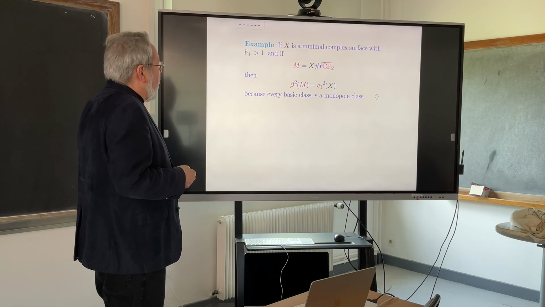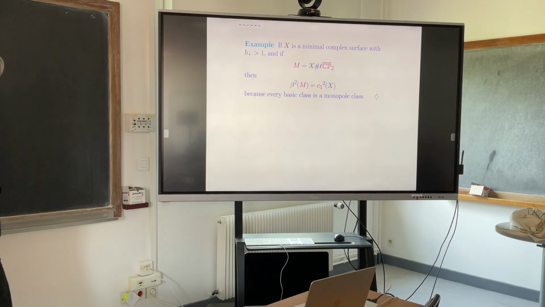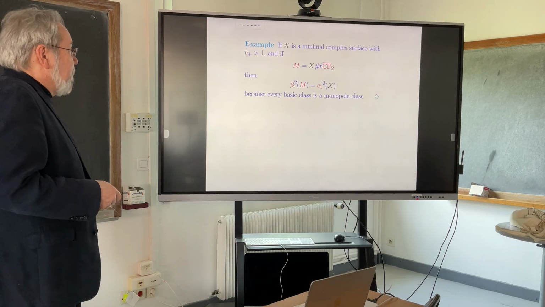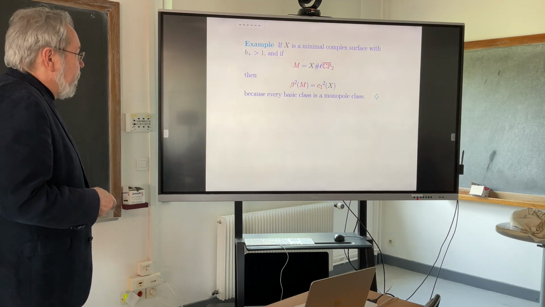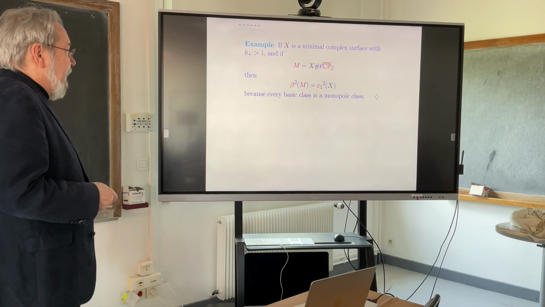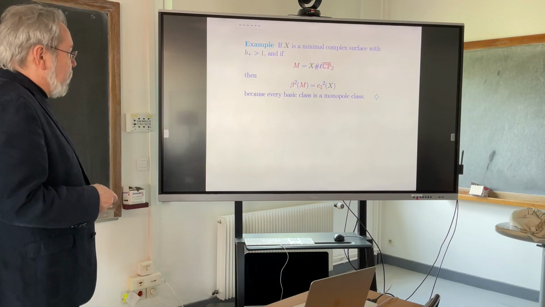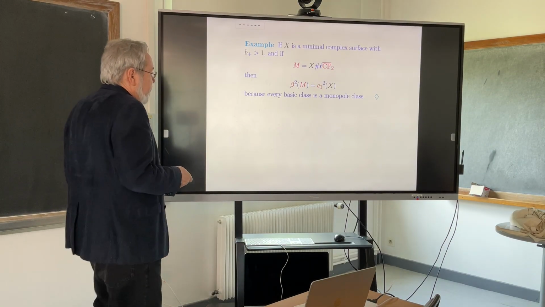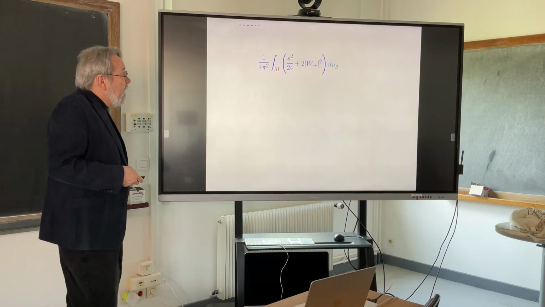All right, so in this case, one can prove that beta squared of the manifold is in fact c1 squared of the minimal model. And the fact that this turns out to be an equality in this case is intimately related to the fact that every basic class is a monopole class, and the complex structure has first Chern class a basic class.